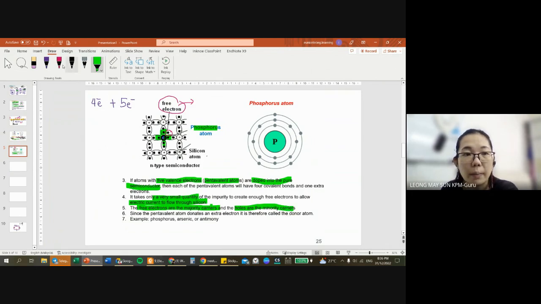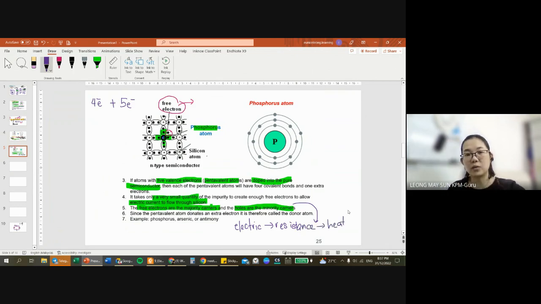Why are the holes minority carriers? Why do holes still exist? Because when there's electricity, there will be resistance. When there is resistance, there will be heat. And this heat will be absorbed by the phosphorus atoms and the silicon atoms to release some of the electrons. Some of the electrons will absorb the heat energy to break free from the covalent bond.